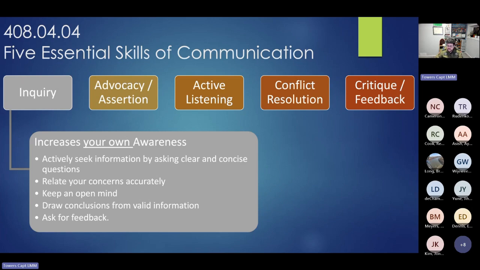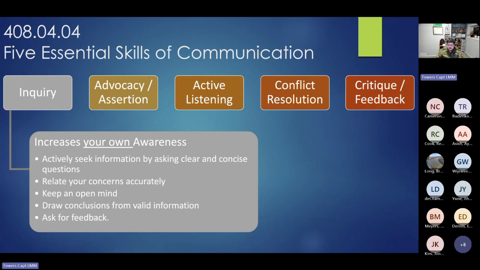There's been a ton of different research done in the field of communication, and in the analysis of effective communication in a team environment, these 5 essential skills have been identified. So we talked about inquiry, advocacy, assertion, active listening, conflict resolution, and critique and feedback. These are the 5 essential skills of communication.